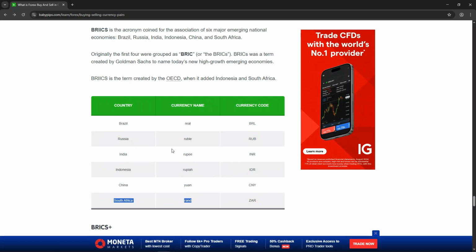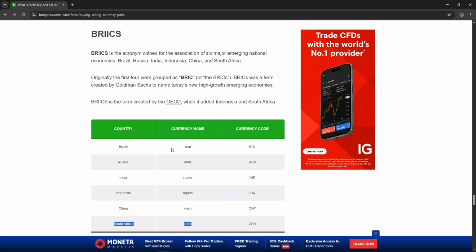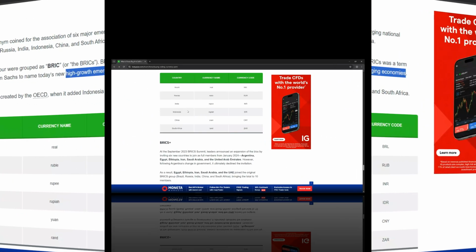And we can say that these countries are known for their economic growth, which makes their currencies important in the forex market. So in simple terms, BRICS refer to large, fast-growing economies and their currencies.